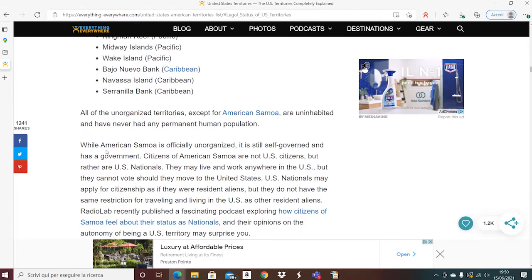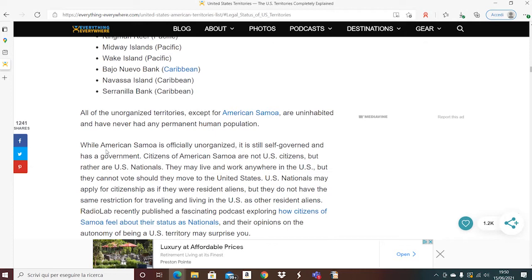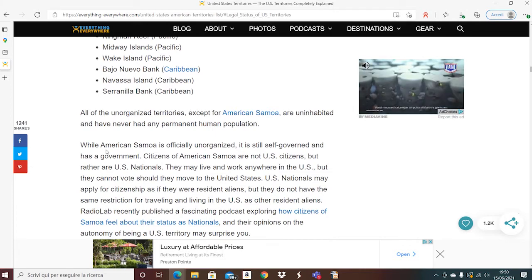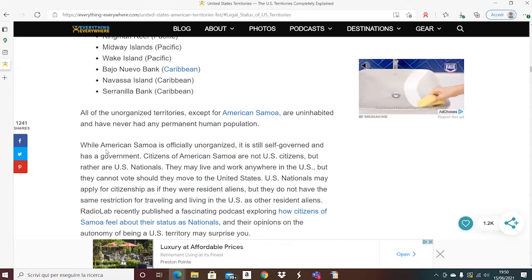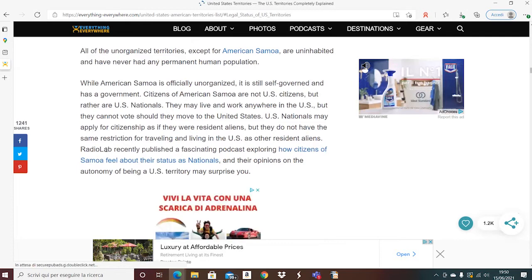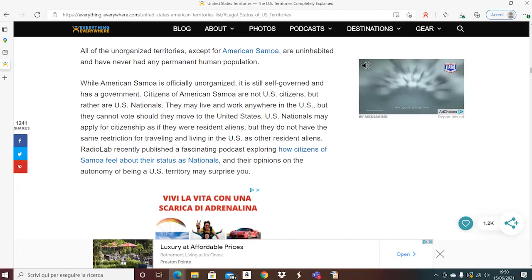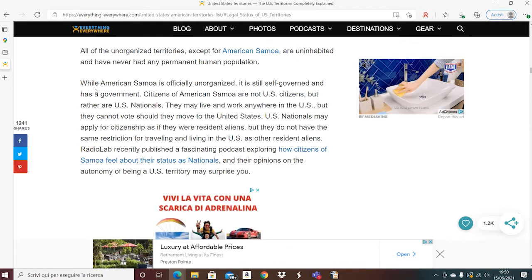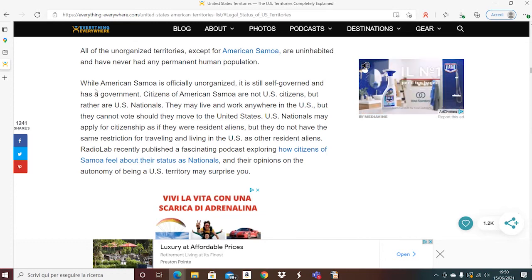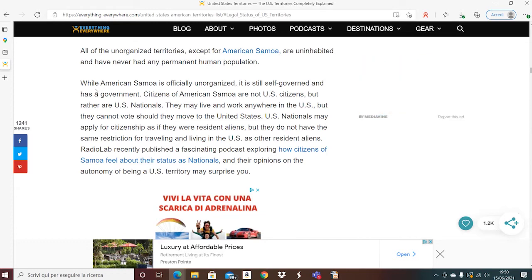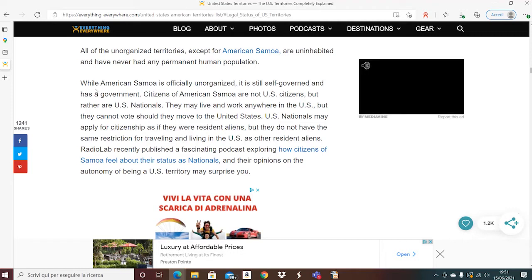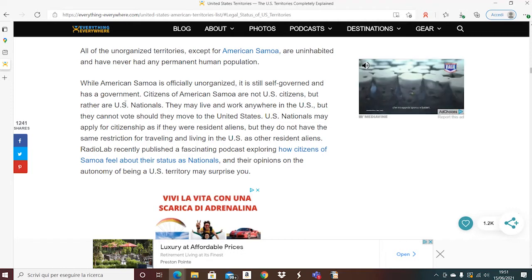All of the unorganized territories, except for American Samoa, are uninhabited and have never had any permanent human population. While American Samoa is officially unorganized, it is still self-governed and has a government. Citizens of American Samoa are not US citizens, but rather are US nationals.